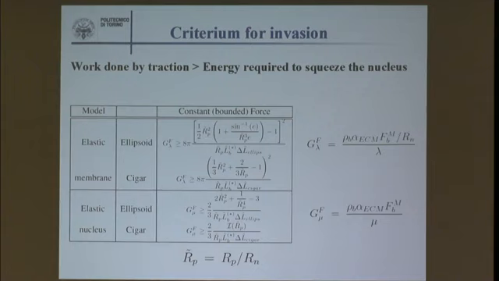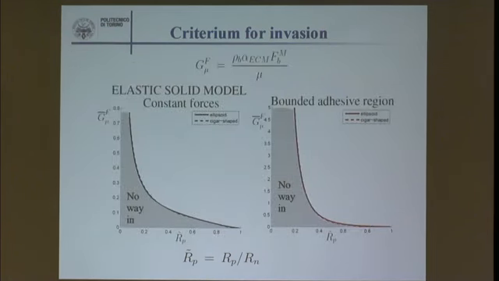It's not very easy to see, but graphically it is much easier. Again, focus on one of these. There is a region in this space of two parameters: this is that ratio, force with respect to stiffness, and the ratio of the pore with respect to the nucleus.